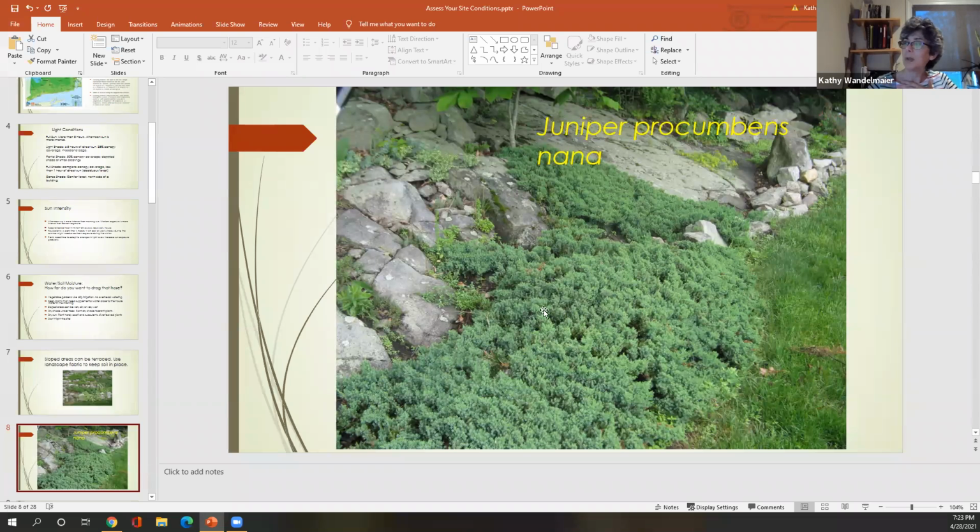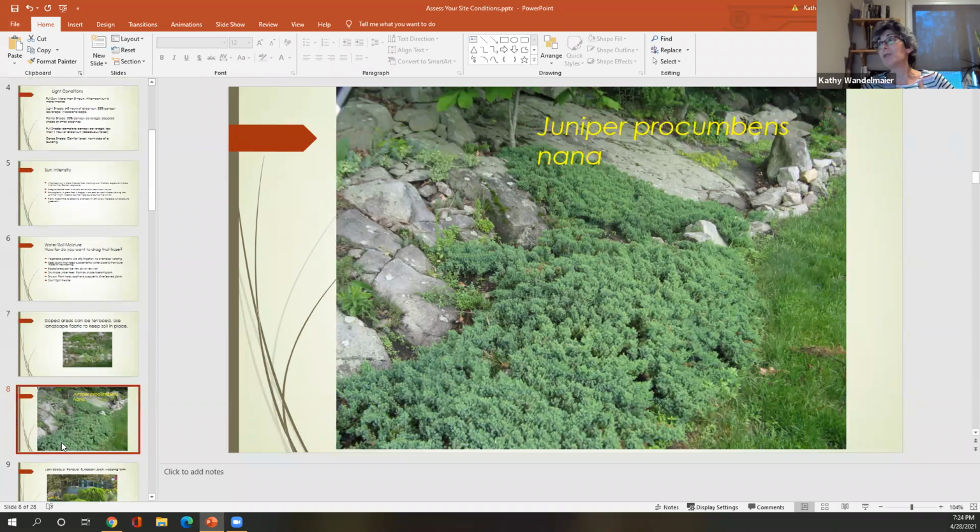So I had this little bit of retaining rock wall here, and I backfilled it with soil, planted the junipers in there, and some of the branches were growing back up the hill, and some were cascading down onto the grass. And it just has a natural habit of doing that, and it looks really nice. As long as the deer don't get it, then it looks really bad. So Juniper Procumbens nana, creeping juniper, good rock garden plants.